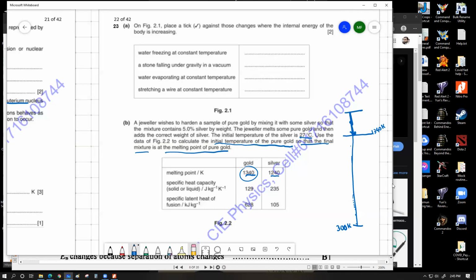So we're gonna mix some room temperature silver piece with some molten gold, so that after the mixture is done, final temperature of the mixture basically means the equilibrium temperature of the mixture. So when the cold object is done taking heat and the hot object is done giving up heat, and both of the temperature comes at the same point, according to the question, that final temperature is supposed to be the melting point of pure gold.